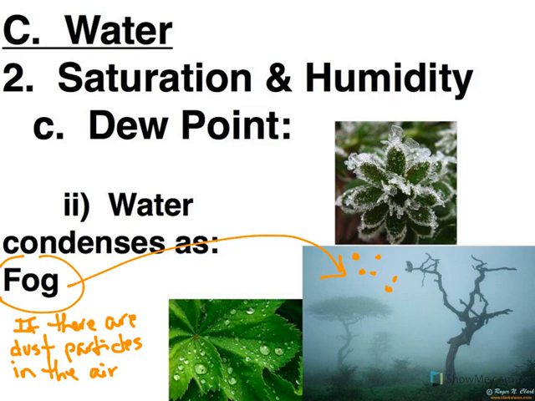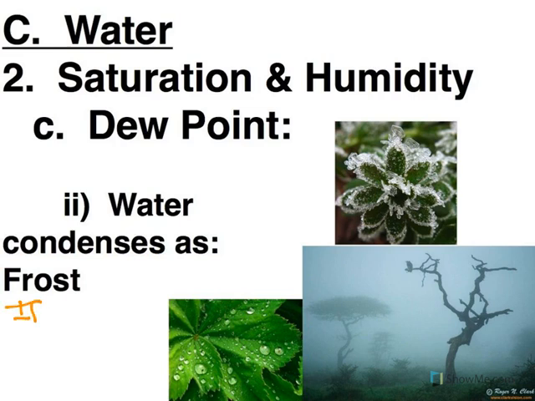And that's really what fog is. It's also what a cloud is. It's just different altitudes. So all those little dust particles provide the little nuclei for the water to stick to. And so you have water floating in the air, and that's fog, again, typically because the air temperature has dropped.